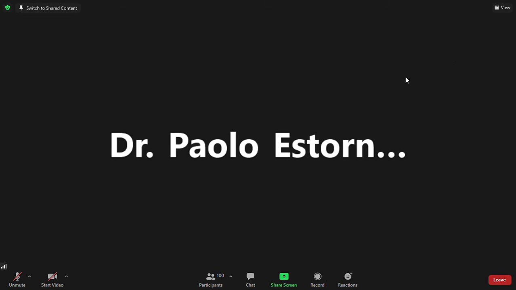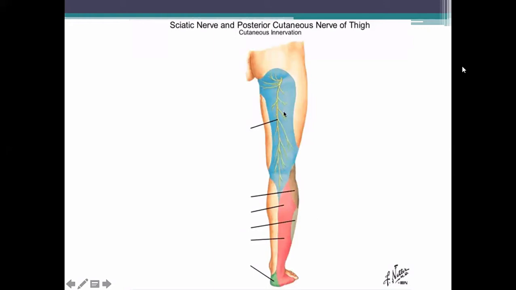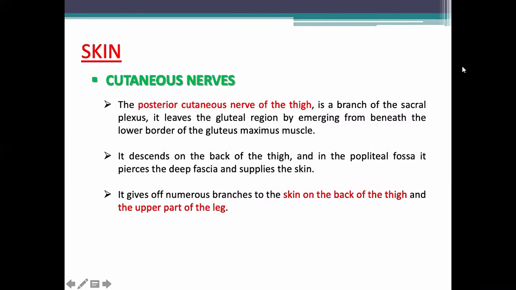For the cutaneous innervation on the back of the thigh, we have the posterior cutaneous nerve of the thigh, which is a branch of the sacral plexus. It leaves the gluteal region by emerging from beneath the lower border of the gluteus maximus muscle.